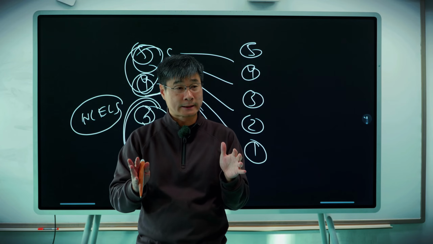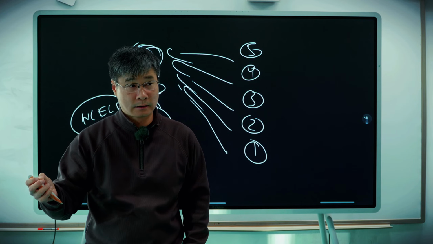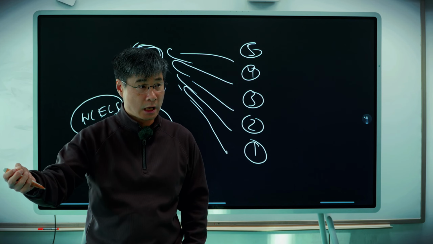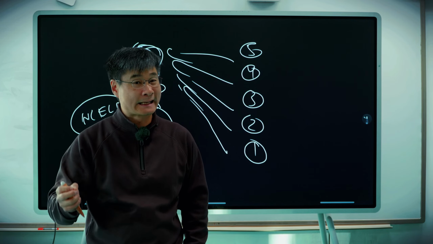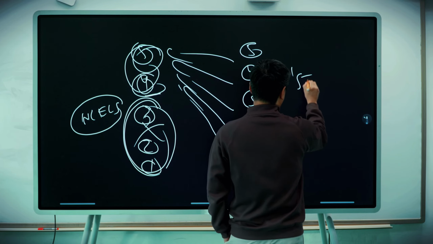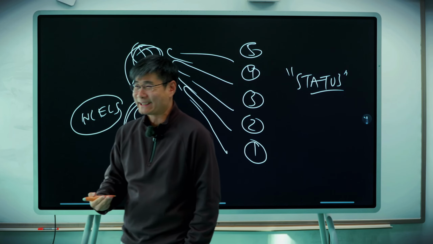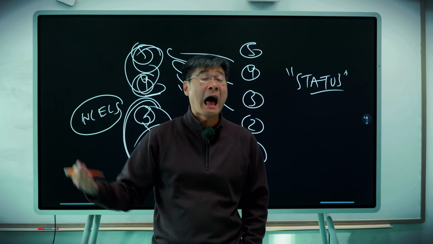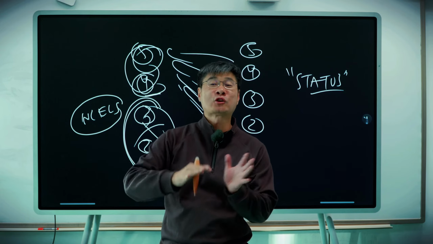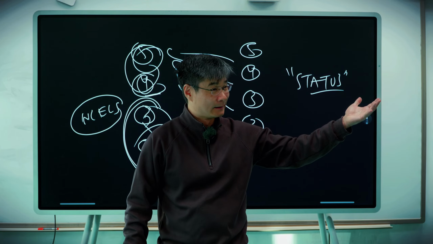And the answer is because they're not interested in sex or procreation. What they're interested in is status. Okay, that's the game they're playing, status. I don't want to marry someone to have children. I want to marry someone so I can take a picture of her and post it on Instagram so I can get a lot of likes.